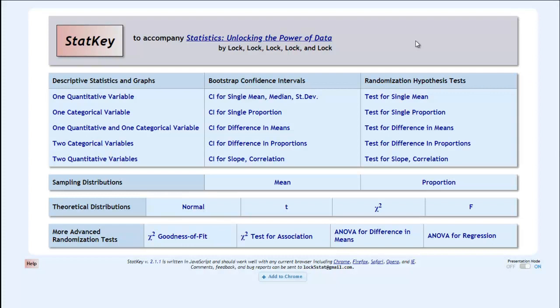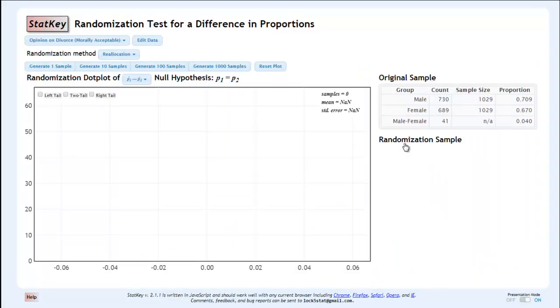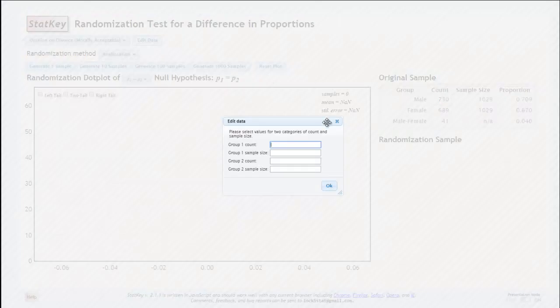To analyze this data in StatKey, I'm going to go into test for difference in proportions because I was comparing 2 proportions. Because we're looking at count data, we don't need a whole data set. We can just click on edit data and enter the values given in the problem.